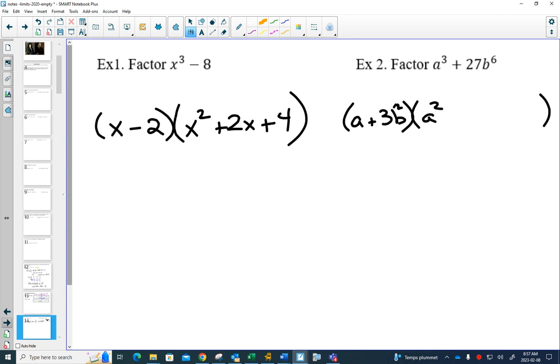And without using the formula, I would know this needs to be 9b to the 4th with a plus. And then here you might want to use the formula, but it's just these two multiplied together. So you get minus 3ab squared.